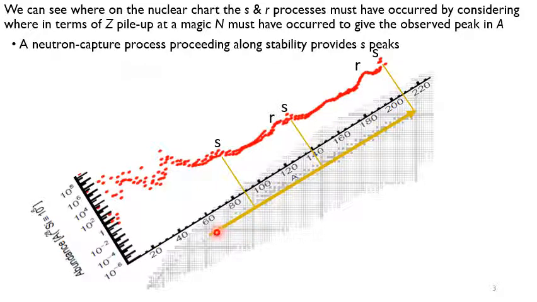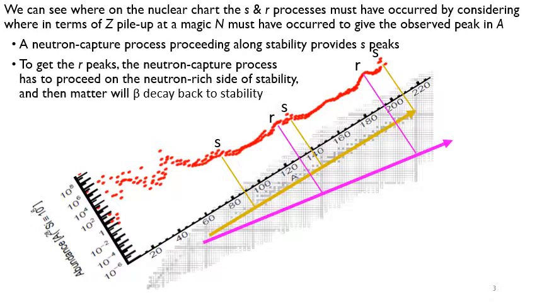So let's imagine you have a neutron capture and then it beta decays. Neutron capture, beta decay, and you march up stability. Well, then your traffic lights that you'd pile up at are going to be located at these magic neutron numbers, and then you can project onto mass number, and indeed, that's where you see a peak in the abundance pattern.